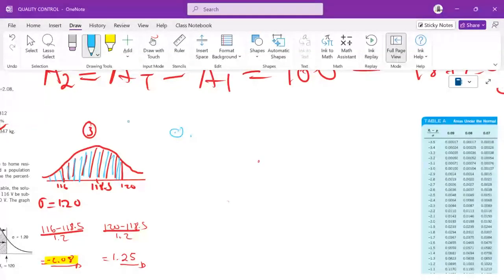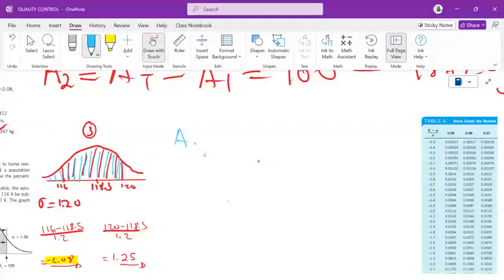Maybe that's your area 1. Area 1 equals to this thing.